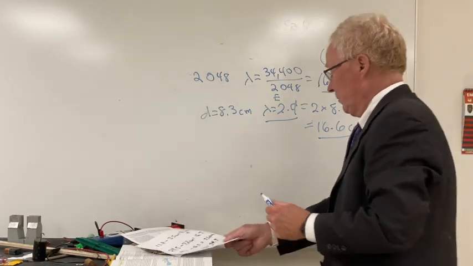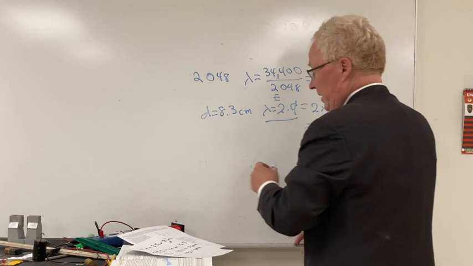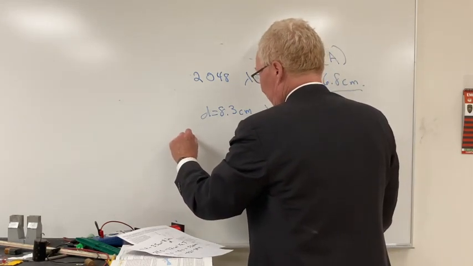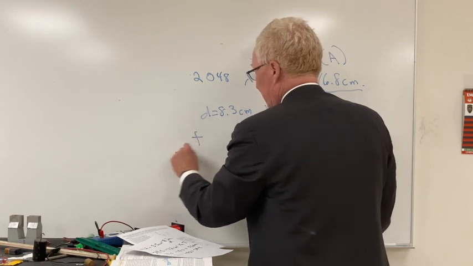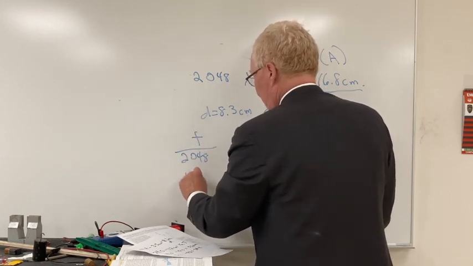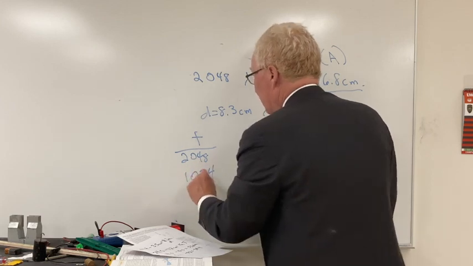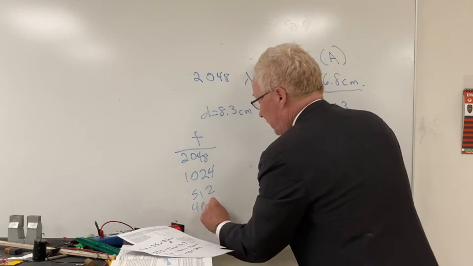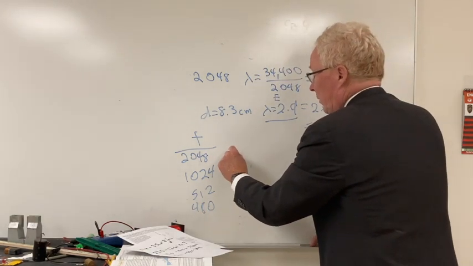So I'll write down what D again is. D for tuning fork frequency 2048, 1024, 512, 480. We end up with 8.3.